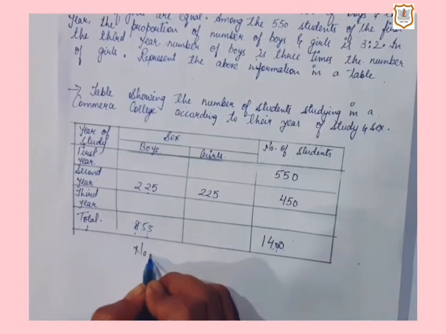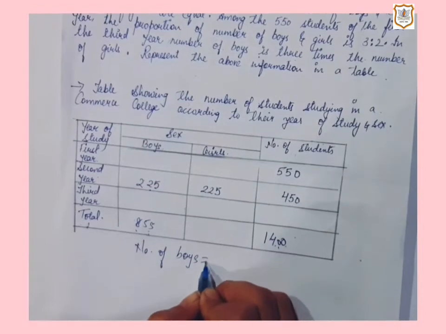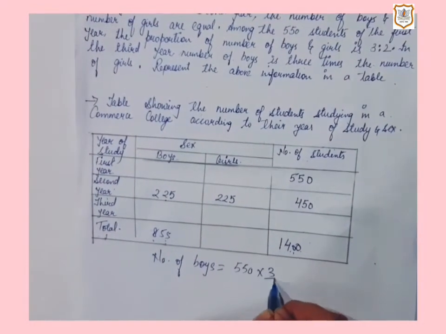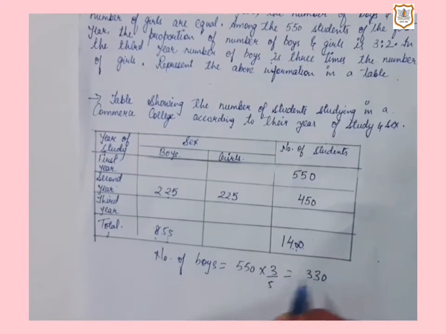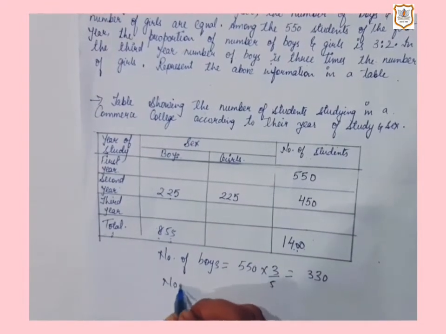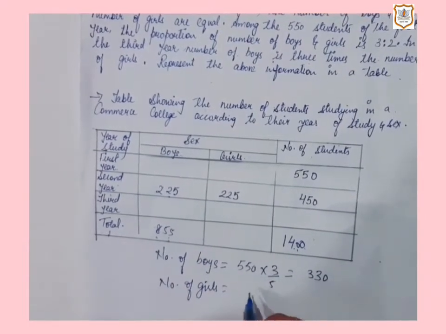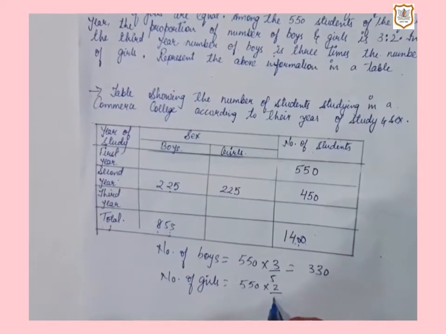So number of boys, if we want to know number of boys, it will be 550 into 3 by 5. This will give you 330. Now if you want to know number of girls, that will be 550 into 2 by 5.